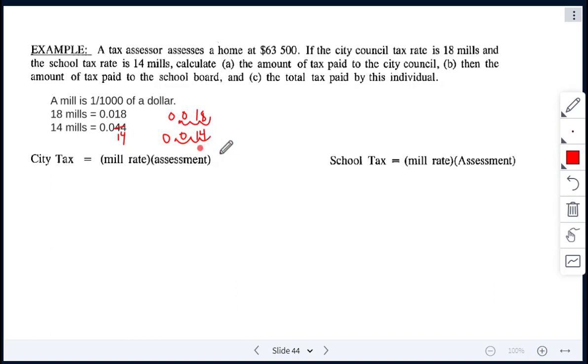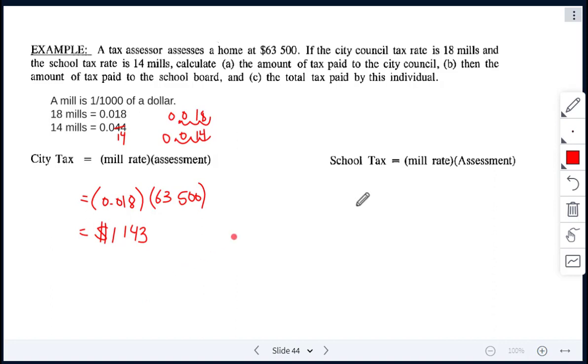Okay, so let's do the calculation for the city tax. Our mill rate is 0.018, and the assessment of that house is 63,500. We multiply that out, and we get 1,143.